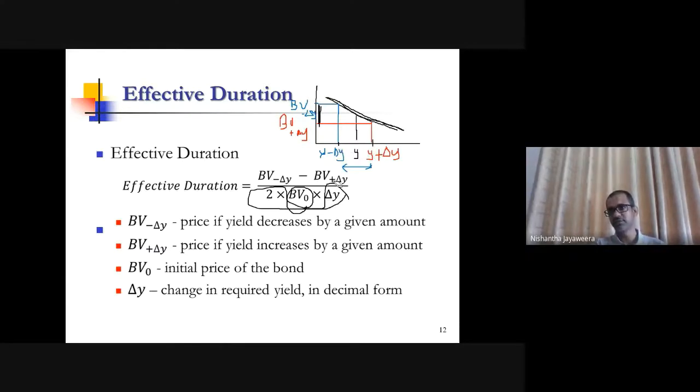You remember, BV minus delta y and BV plus delta y are actual prices, so they are not exactly on this line, they are above it, but still we get the approximation. The best thing is to make the change in yield very small, then you get a much better approximation. If you go further away from the current yield, your approximation is not that good.